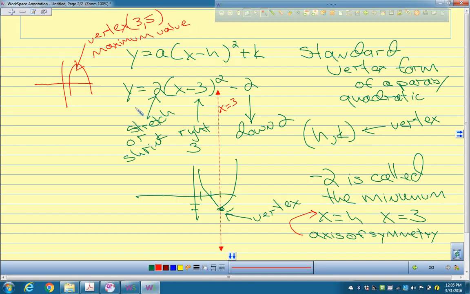What's the highest this parabola ever goes? What's the biggest y value this parabola ever gets to? 5. The maximum value is 5. So these are the things you need to know for your homework. We'll do one more example, and then I'll tell you what your homework is.